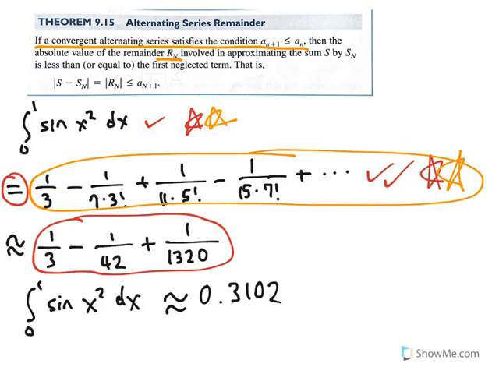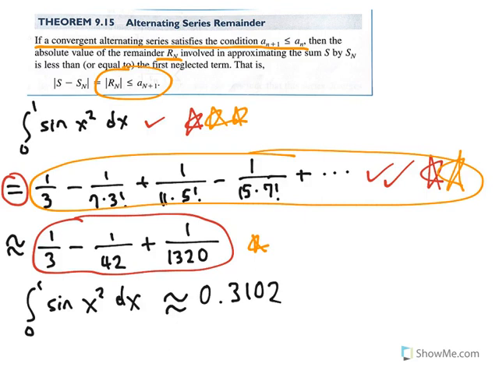If we want to approximate the infinite sum, or in other words, if we want to approximate the value of this definite integral by a partial sum of the infinite series, the alternating series remainder theorem tells us that the error of our approximation will be less than or equal to the first neglected term.